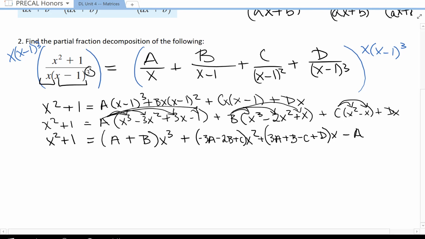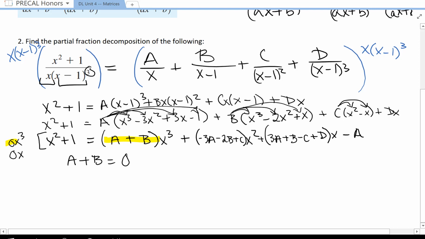We're going to go ahead and line up our coefficients. So the coefficient for x cubed on the left side, right here is 0x cubed, and the coefficient for the x term is also 0, just to remind you. So you have a plus b is equal to 0.